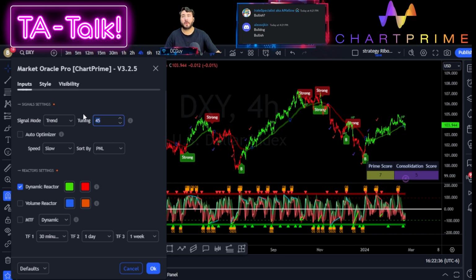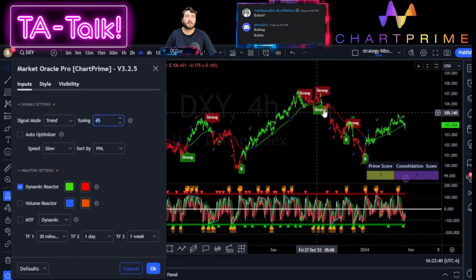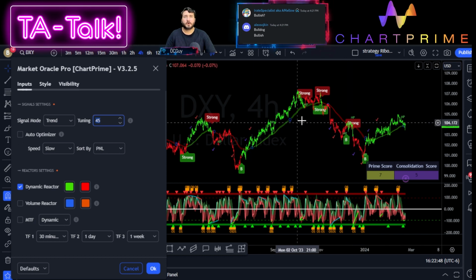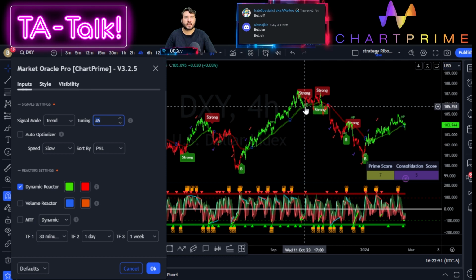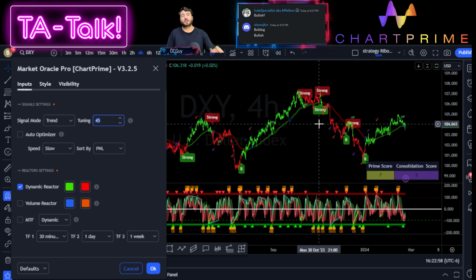I want to move the tuning up and down until I get rid of most of the interference. What is interference? For example, this buying signal. Oh no, that isn't, because we did break above. But it's something like, let's say, this short signal, and we did not break below. So for me, that is interference, all right?